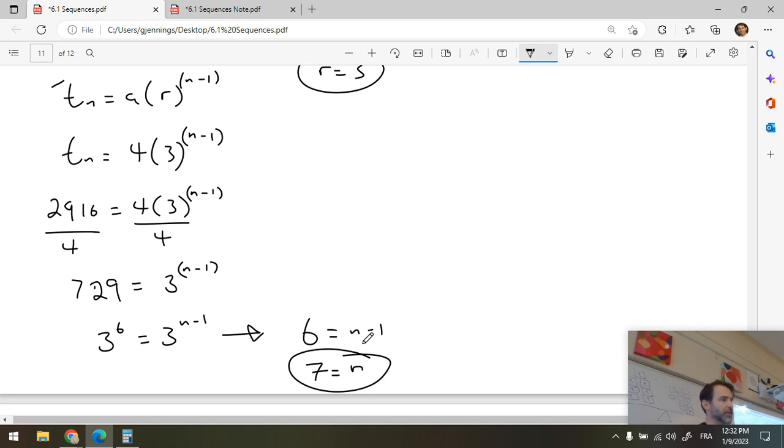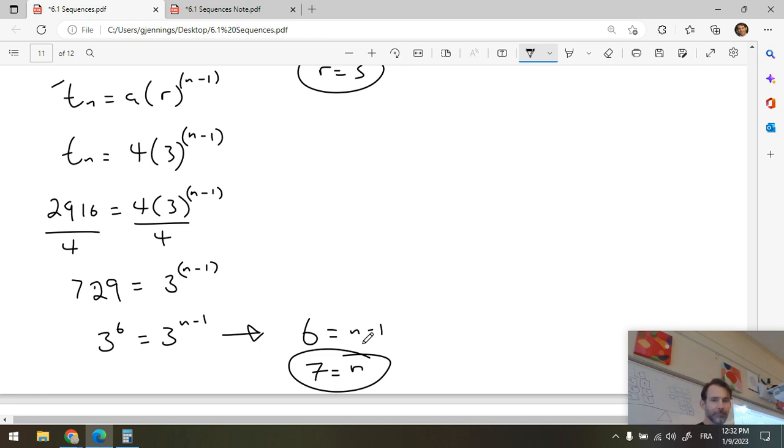So now I equate the exponents. n minus 1 must be 6. You just get rid of the base. The base is no longer necessary in our calculations. We're just looking at how many times we needed to multiply by 3 to go from 4 up to 2,916.